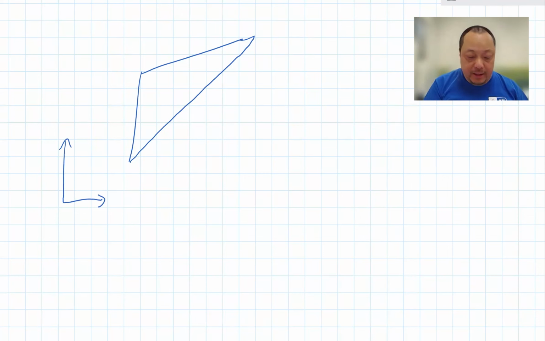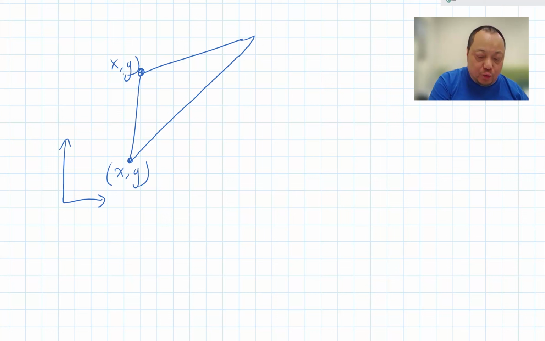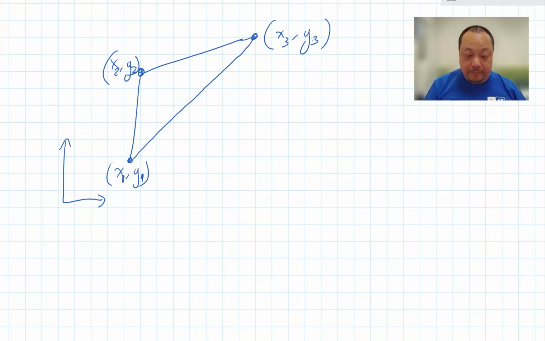If you have a triangle on the plane like this, where this one has some xy coordinates, this one has some other xy coordinates, and this one has some other xy coordinates. So I'm going to distinguish them by putting in some little subscripts. So x1, y1 for the first corner, x2, y2 for the second corner, and x3, y3 for the third corner.